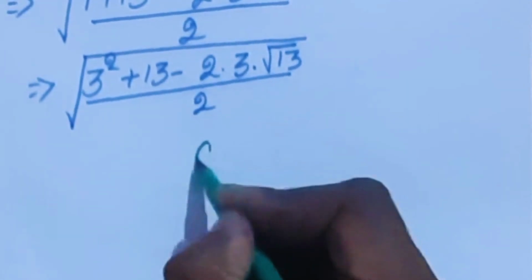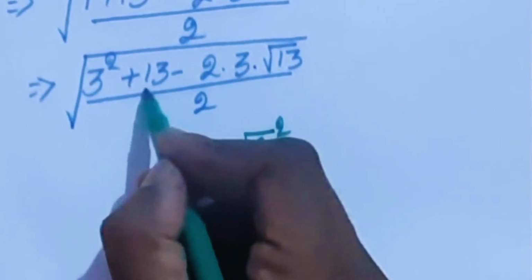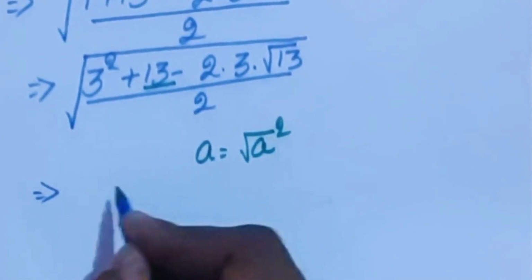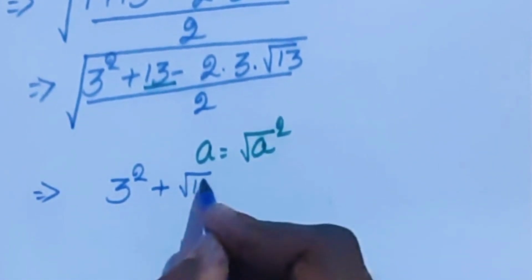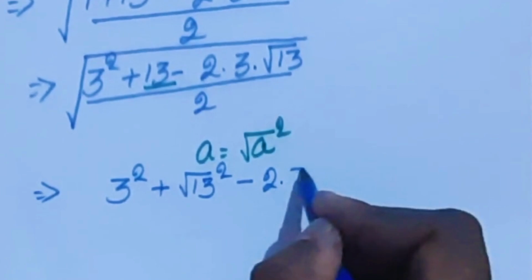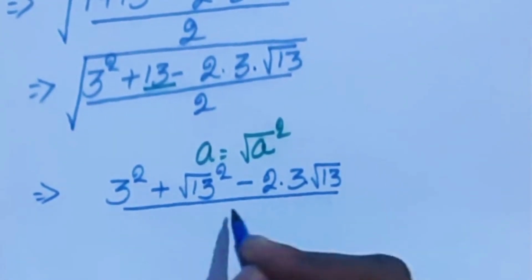Now we are going to apply this formula here, that is A equals square root of A square. This we are going to apply here. So we'll get 3 square plus square root of 13 square minus 2 times 3 times square root of 13, whole divided by 2.